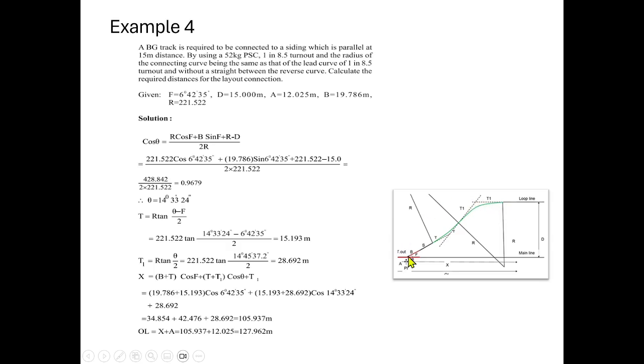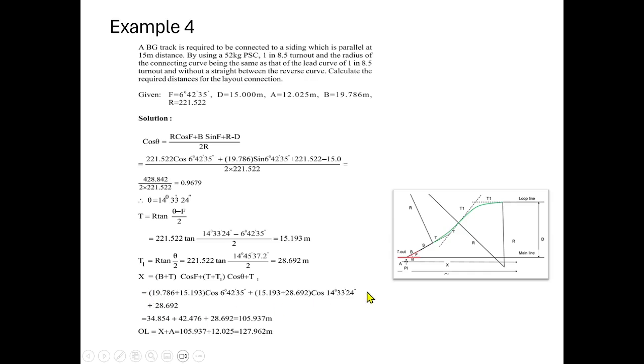So with this we can find out the x distance from the point of intersection up to this tangent point 2. First case, up to this, B plus T cos F. Then from here, T plus T1 cos theta plus T1.